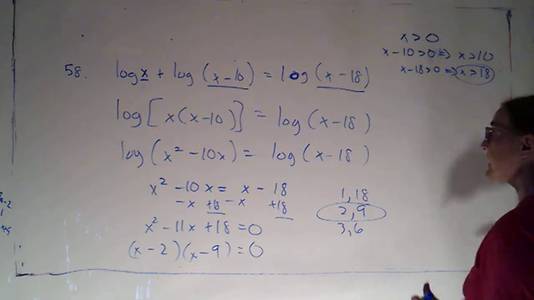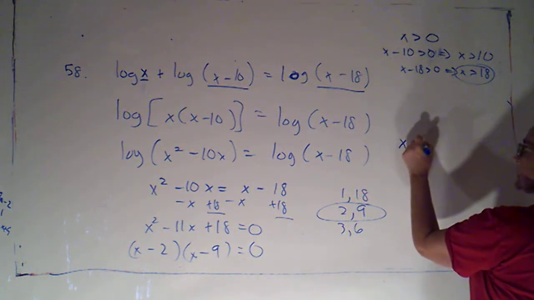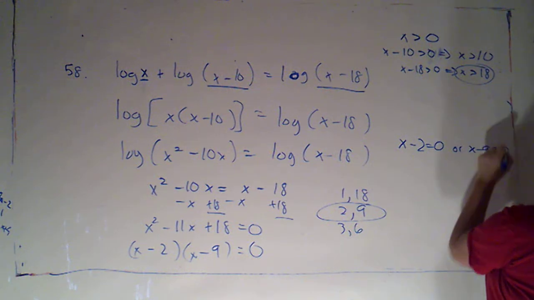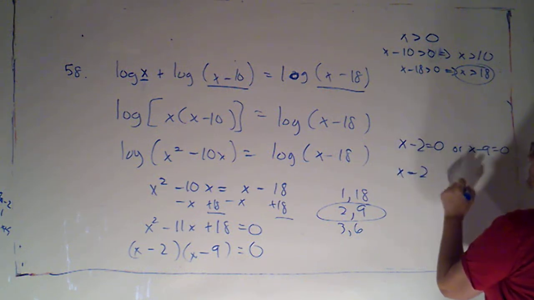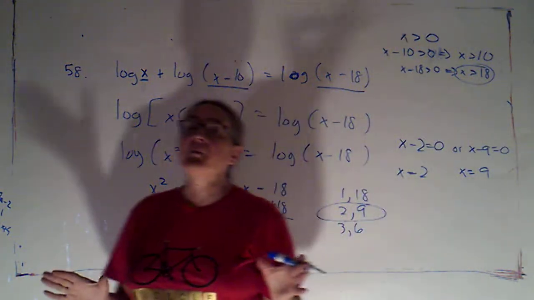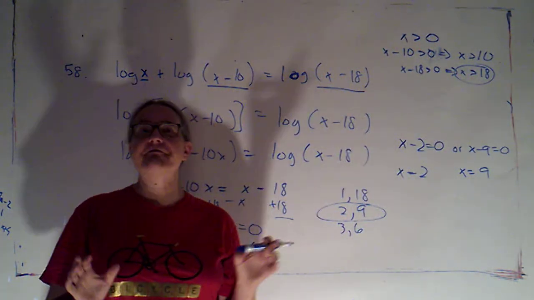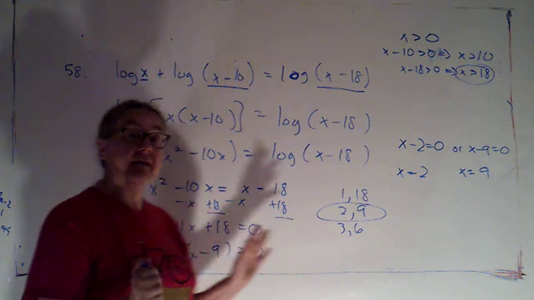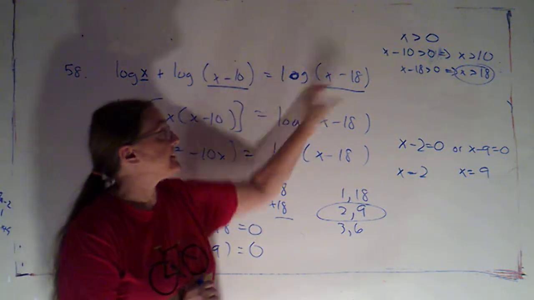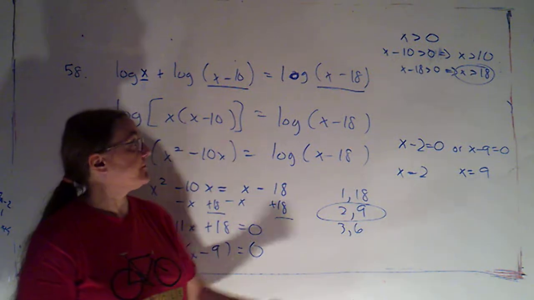Okay. So then I set each factor equal to 0, so x minus 2 equals 0, or x minus 9 equals 0. That would give me x equals 2. This would give me x equals 9. So those are my two candidates for the answer. Now I have to check, are those values that would make these arguments positive?